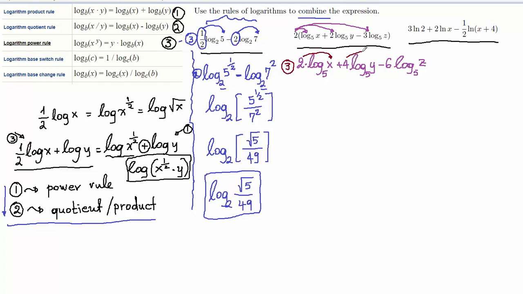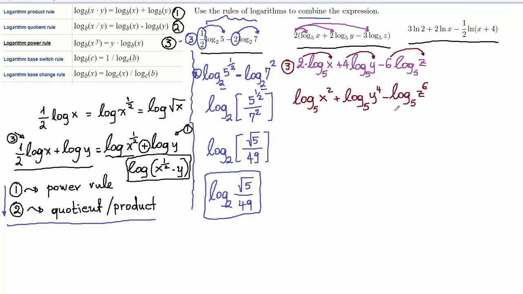I have another number right here, a constant, that I will bring up here as an exponent, and I have a third one right here that I will bring again up here as an exponent. So what I have is log with base 5 of x squared plus log with base 5 of y to the 4th minus log with base 5 again of z to the 6th.